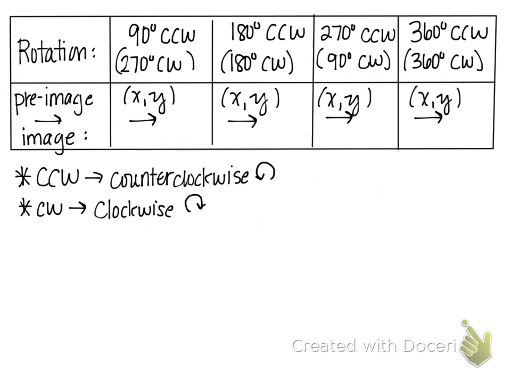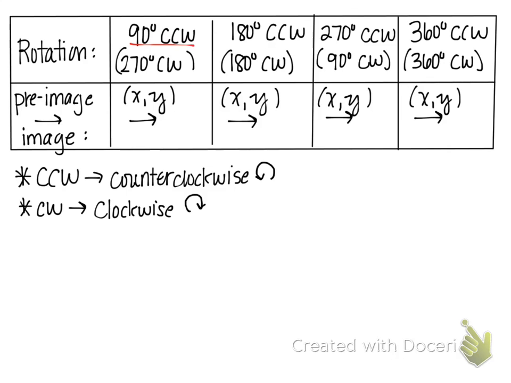So, here's our table. You're going to have this table memorized. The rotation is above the top, and then we have the pre-image and what it turns into for the image. Now, let's go through this for just a second. 90 degrees counterclockwise. We're using CCW as counterclockwise. 90 degrees counterclockwise is the same thing as going 270 degrees clockwise.